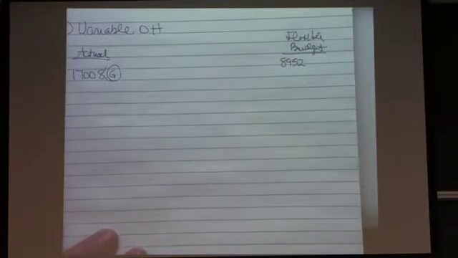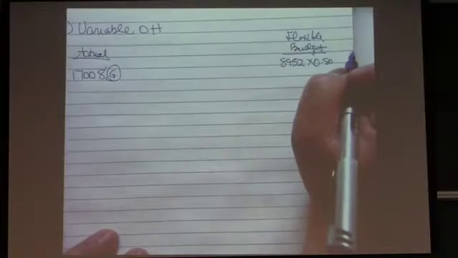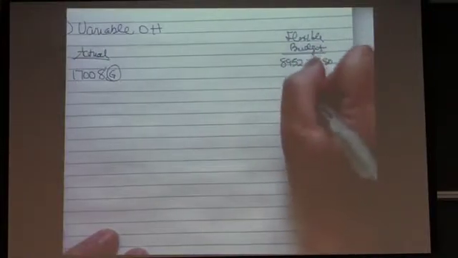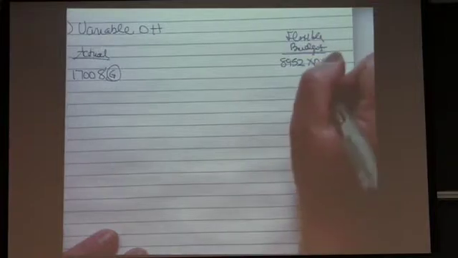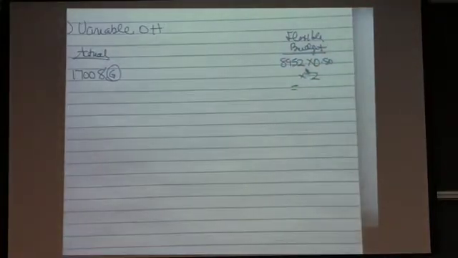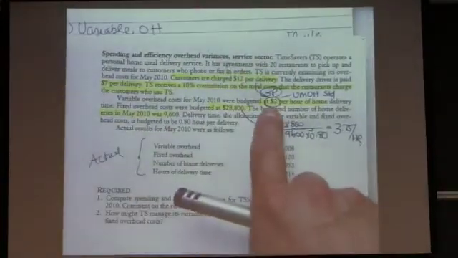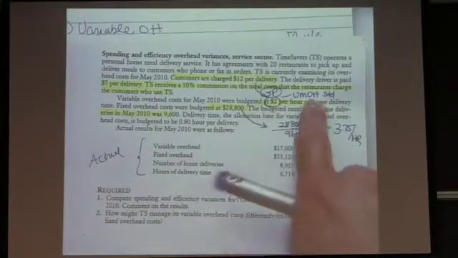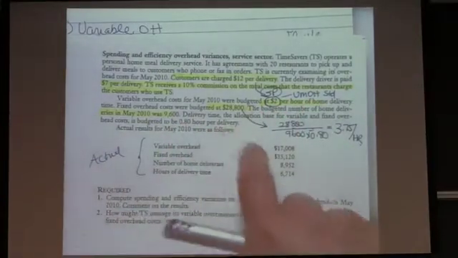Each delivery should be 0.80 hour, and it's supposed to cost us $2 for variable overhead. So the standard says each delivery is budgeted at 0.8 hours, and each hour costs $2. Make sense?